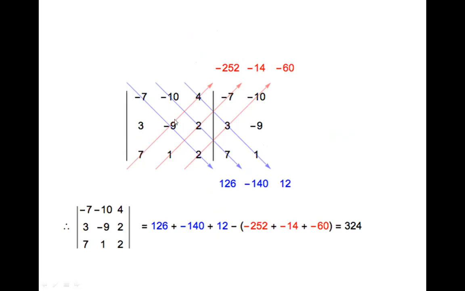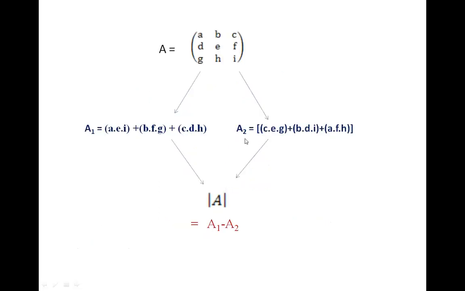Are you getting this? So we are multiplying the diagonal elements, we are adding them, and we are subtracting the A2 component, which is received after the summation of multiplication of reverse diagonals.